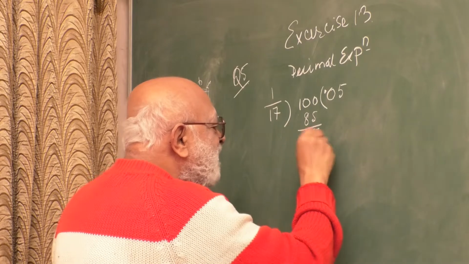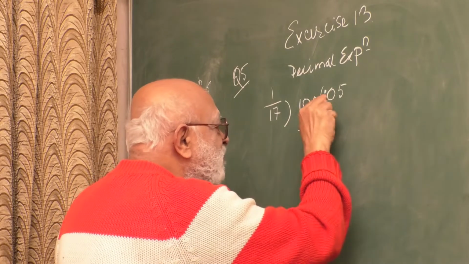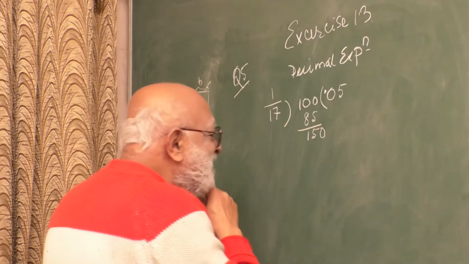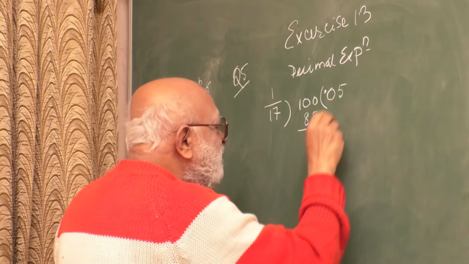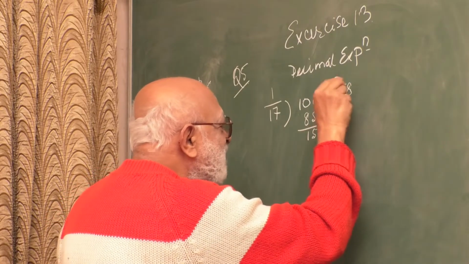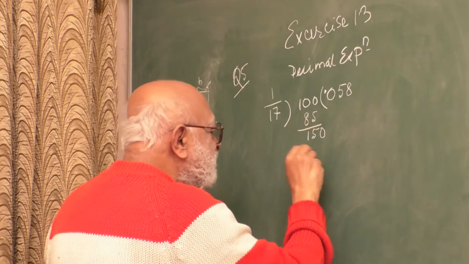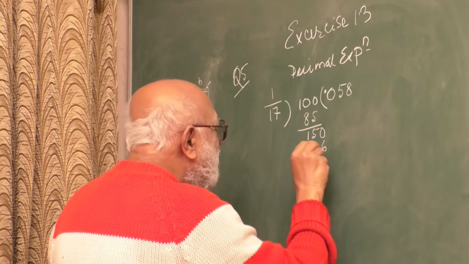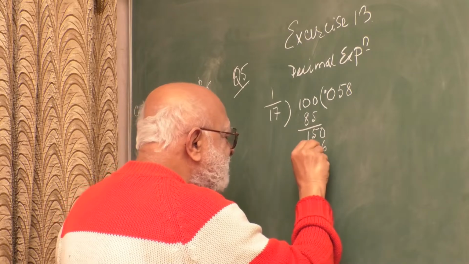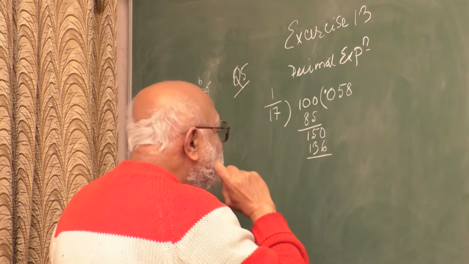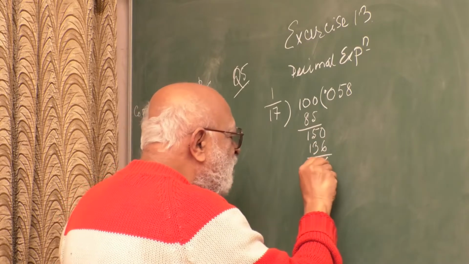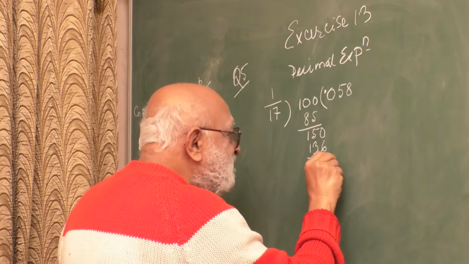And then again you have to put a 0 because you have this point here, and this would be 8. So if I use 8, 7 into 8 is 56 plus 5, that is 13. Okay, so that gives you 4 and 1 and 0.